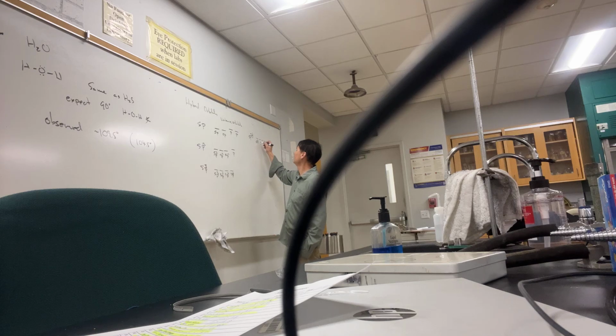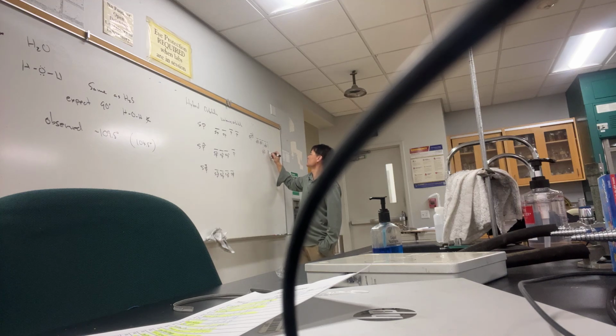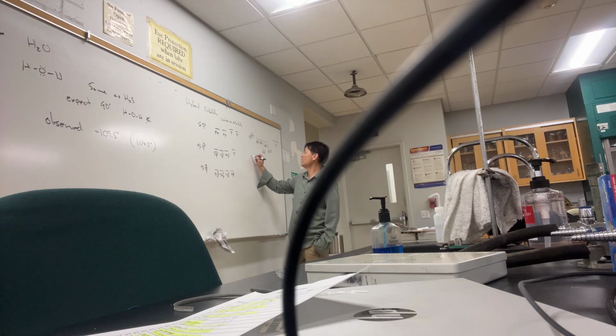And then we have sp3d2 hybrid orbitals: 1, 2, 3, 4, 5, 6. There are six of them. Each of these will be an sp3d2, and there are going to be 3 unhybridized d orbitals left over here.